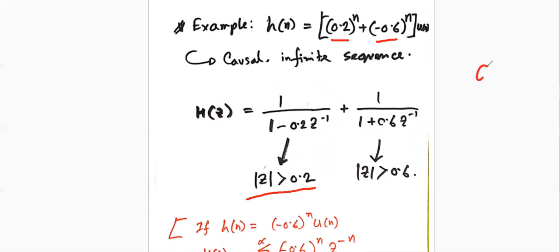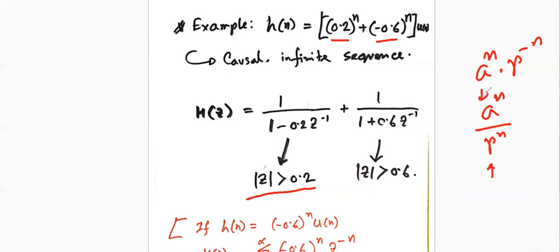Let's say if we have a to the power n, definitely it will multiply with r to the power minus n. So it will give a to the power n divided by r to the power n. So we need to choose the value of r in such a way that it will counterbalance the value of a.